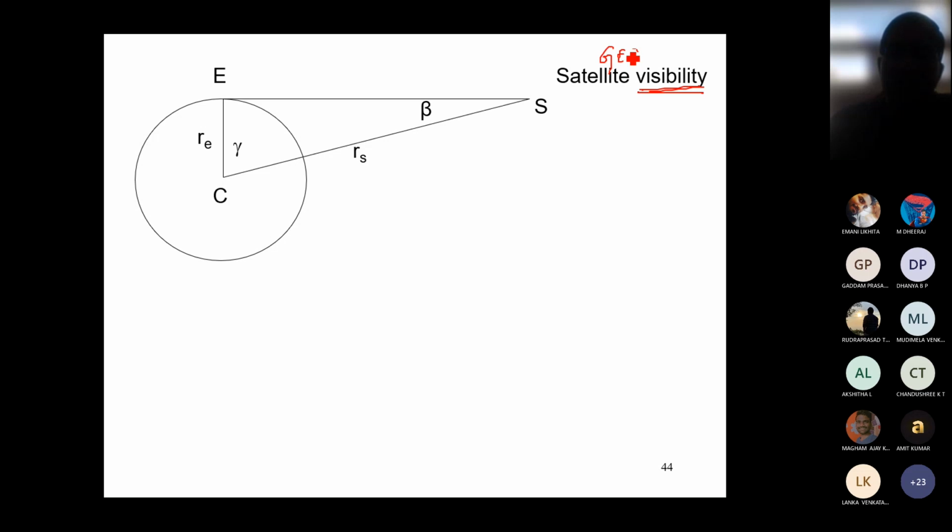Suppose this is the satellite and this is the reference point. Let us take an example. Whenever there is a geostationary satellite related to the reference point, the satellite remains stable.